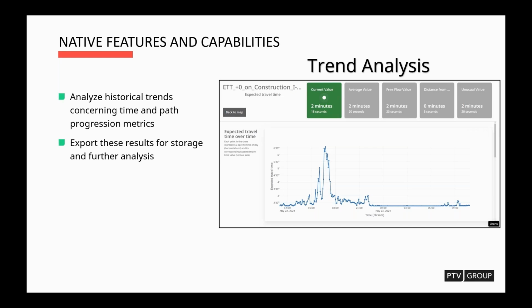So you can look at different variables and different trends, and I will showcase those in the platform shortly. But this one we have listed on the right is, of course, expected travel time over time. So we get to see those peak congestion rates often associated with key moments, whether it be a special event going on downtown or rush hour for commuter traffic.